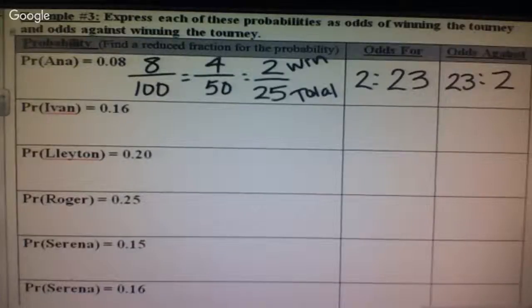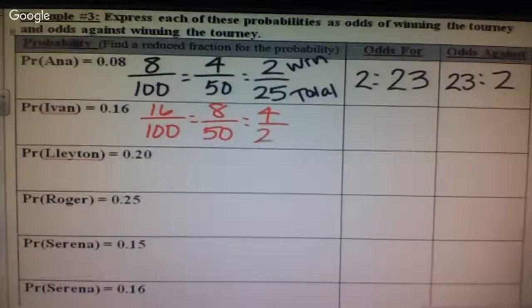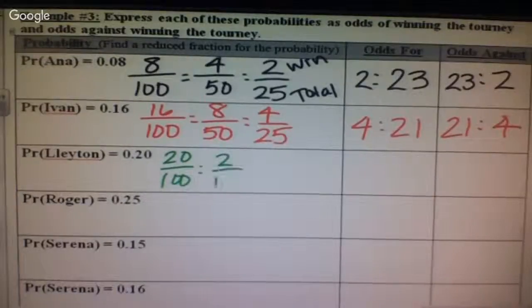If we do Ivan, again, it goes out 2 spaces. So this is 16 out of 100, which is 8 out of 50, which is 4 out of 25. So 4 to 21 and 21 to 4. Layton is 20 over 100, which is 2 out of 10, which is 1 out of 5.